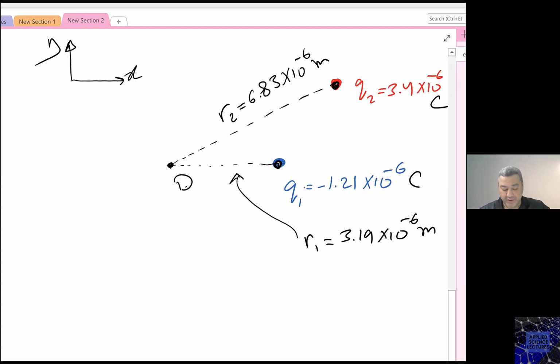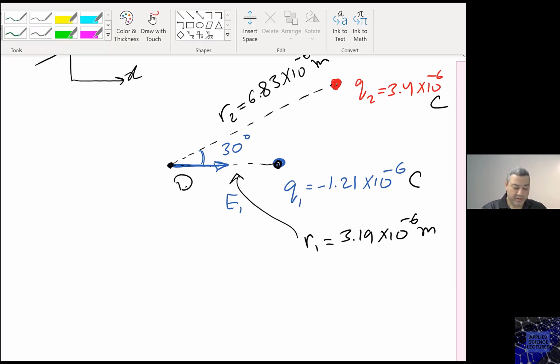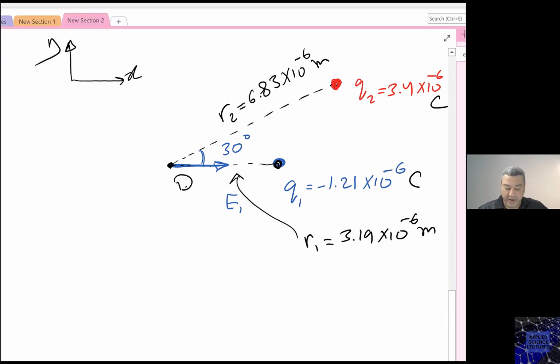For Q1, since it's a negative charge, then the vector would be pointing toward this negative charge. So I have my vector here as E1. Also, this angle is 30 degrees. I have my E2 due to Q2, since it's a positive charge, pointing away.